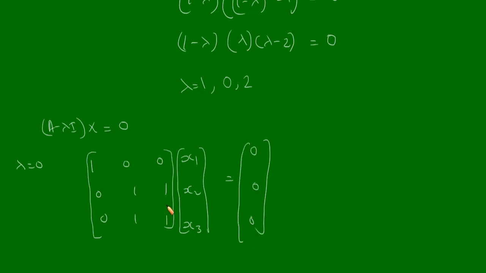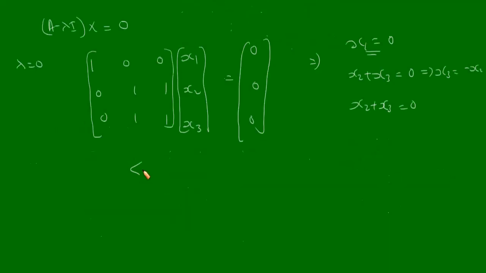Now if you multiply, then this is equivalent to x1 is equal to 0, then x2 plus x3 is equal to 0, and the last equation is also the same, x2 plus x3 is equal to 0. So this shows that x3 is equal to minus x2, or x2 is equal to minus x3, and also x1 is equal to 0. So the first eigenvector can be represented by R1.